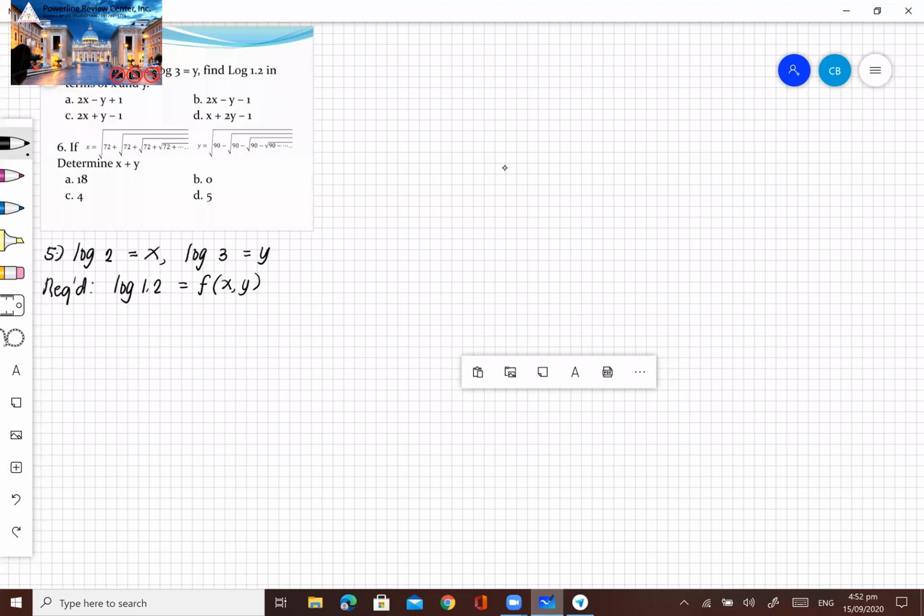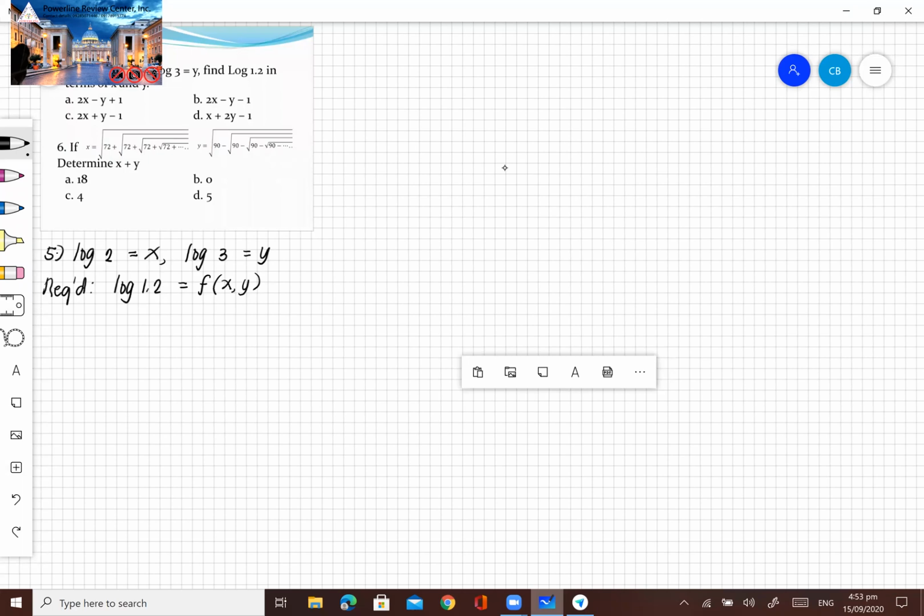So, how do we do that? How could we express the logarithm of 1.2 in terms of x and y? In order to have x, you have to get the log of 2, and likewise the log of 3, which is equal to y.